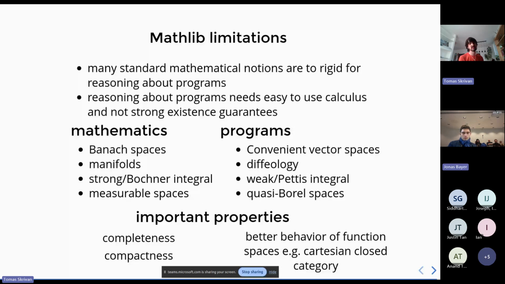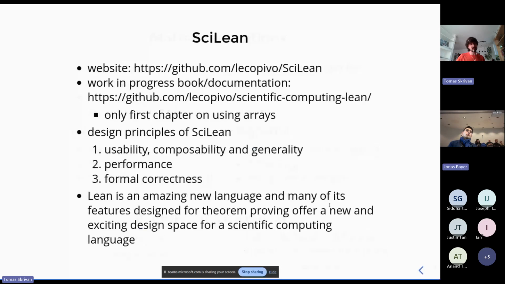So you have very nicely behaved function spaces. And I think, for example, when doing probabilistic programming, people in the programming language community, instead of using measurable spaces, use something called quasi-Borel spaces, which again has much better properties in terms of function spaces. That's kind of interesting that I found out.